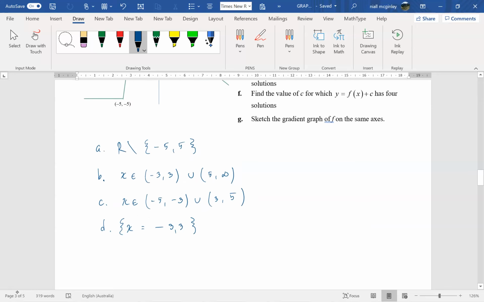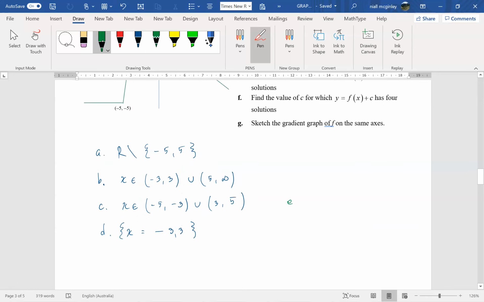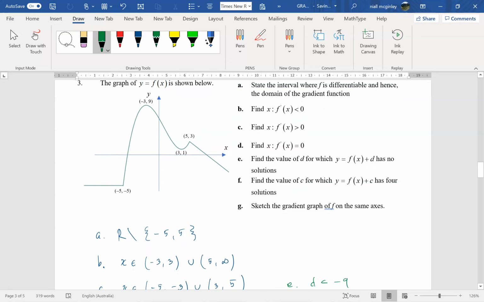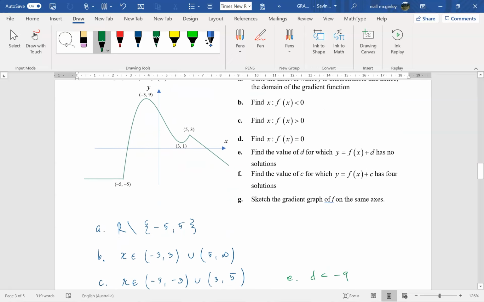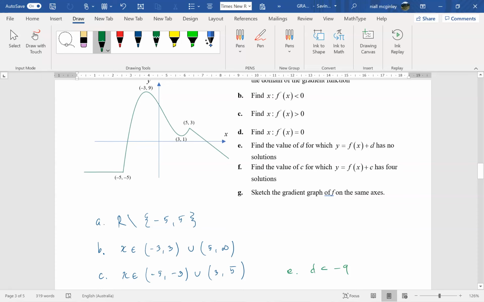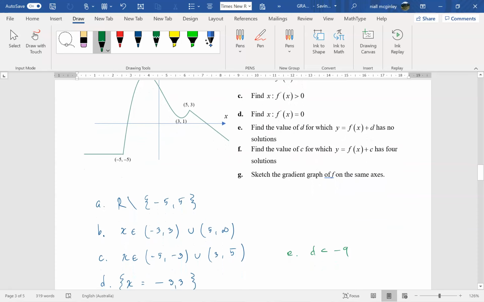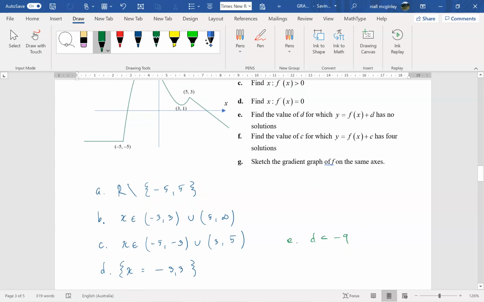So here I can say, so D, if D is less than -9, then I'm going to have no solutions. So if I'm moving it down, -9, then more than that. Alright, and then also here you see, if I move the graph up, you're always going to have solutions if you move the graph up, because this is actually going right down to -infinity, so therefore that'll be the only answer that you've got there.